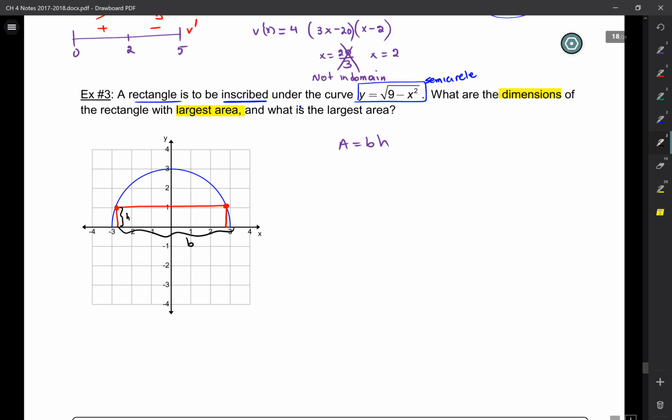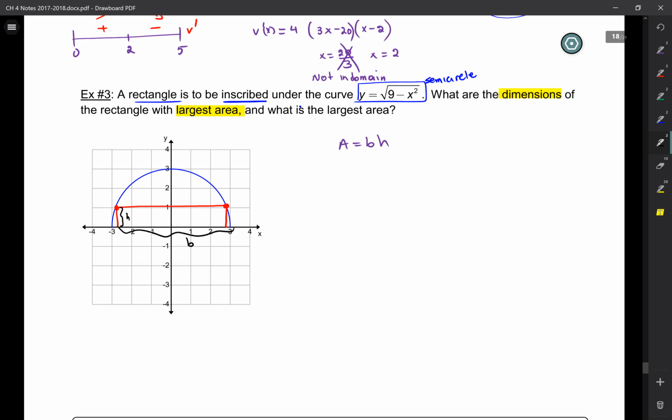This is not just a rectangle out in outer space. This is a rectangle on a coordinate plane with an equation that it's inscribed into. Our expression for area has to be in terms of x and y coordinates. That's the key. Now, we always solve these problems in the same exact way.